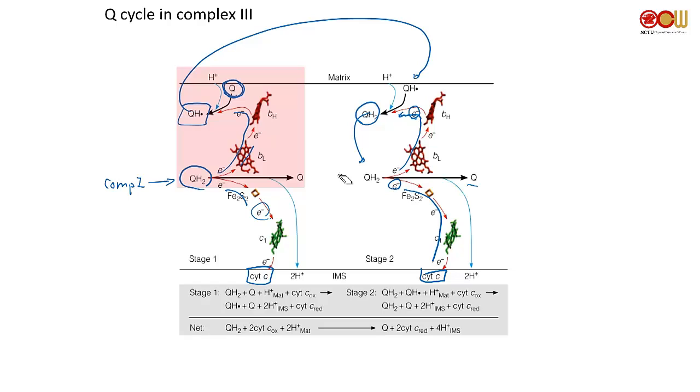You can either use Q to take that electron to make Q radical, or you use Q radical to take that electron and become QH2. Okay, makes sense? But regardless, the net reaction per QH2 is that 1 QH2 gives you 2 reduced cytochrome C and 4 protons into the intermembrane space.